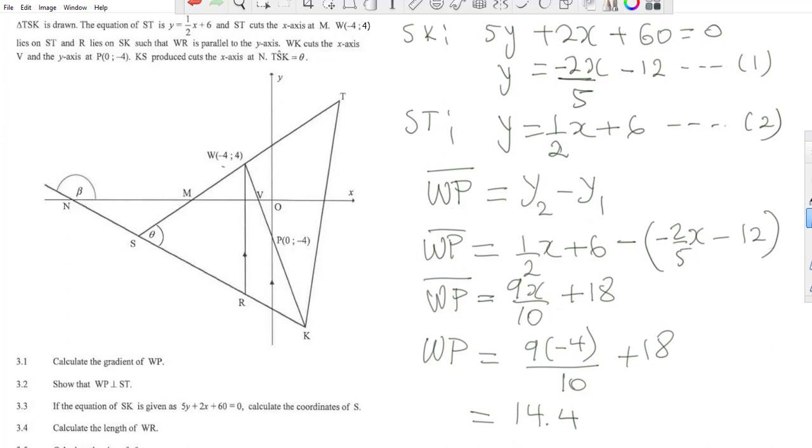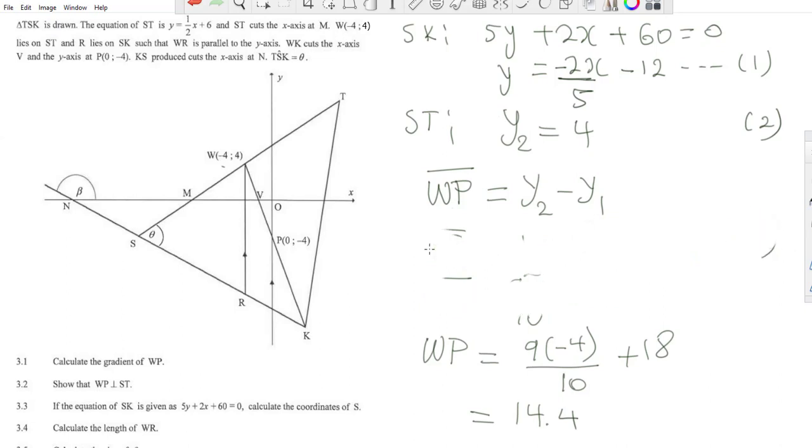Now, if you want to do another method, okay, remember the y for ST is 4. So you call this y2 is equal to 4. So when you come to the formula, this is what you're gonna do. Very simple.